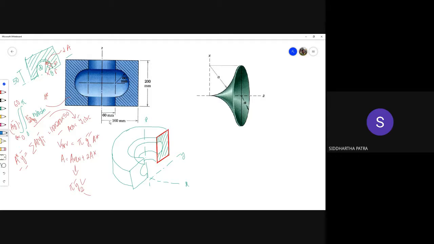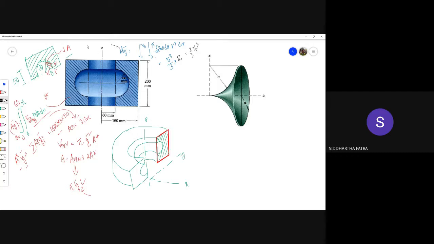So for the circle or semicircle, A y bar is the integral from 0 to r0, 0 to pi, of sine theta d theta r squared dr. This can be written as r0 cubed divided by 3 times the integral of sine theta d theta between 0 and pi, which is simply 2, because from 0 to pi by 2 it is 1, so from 0 to pi it is twice that.